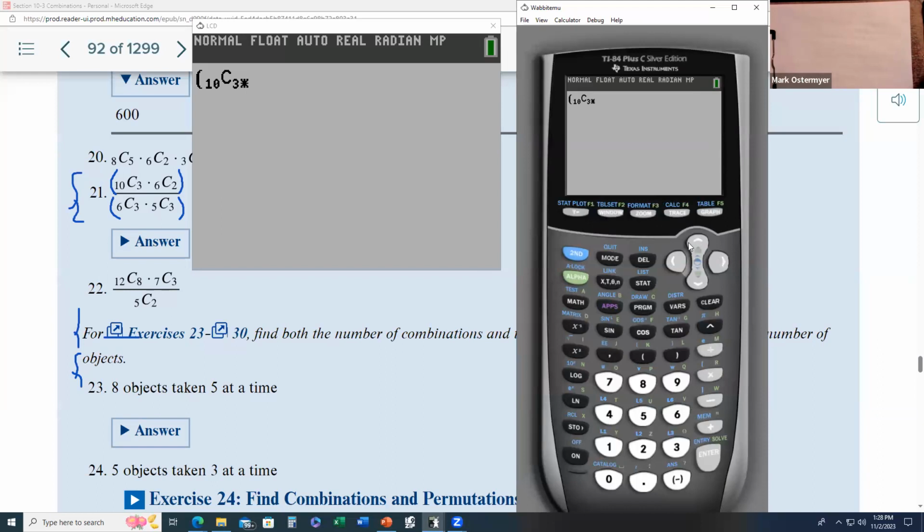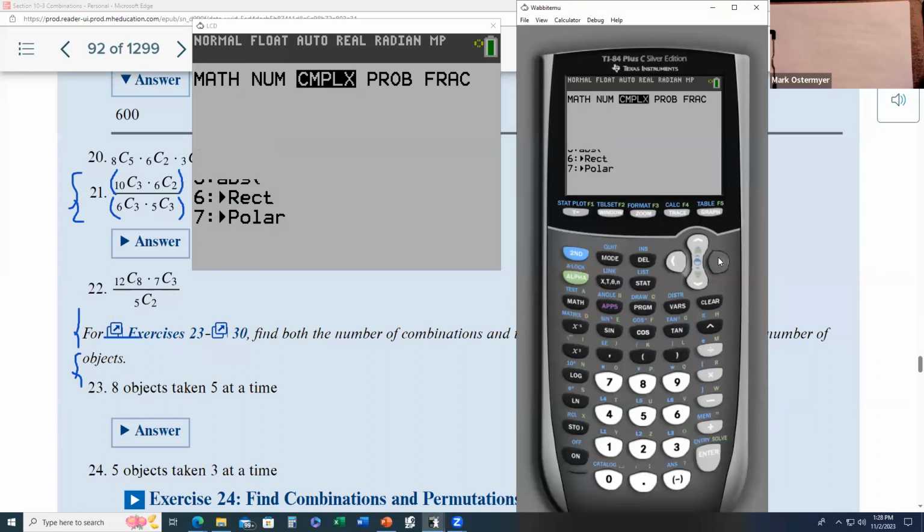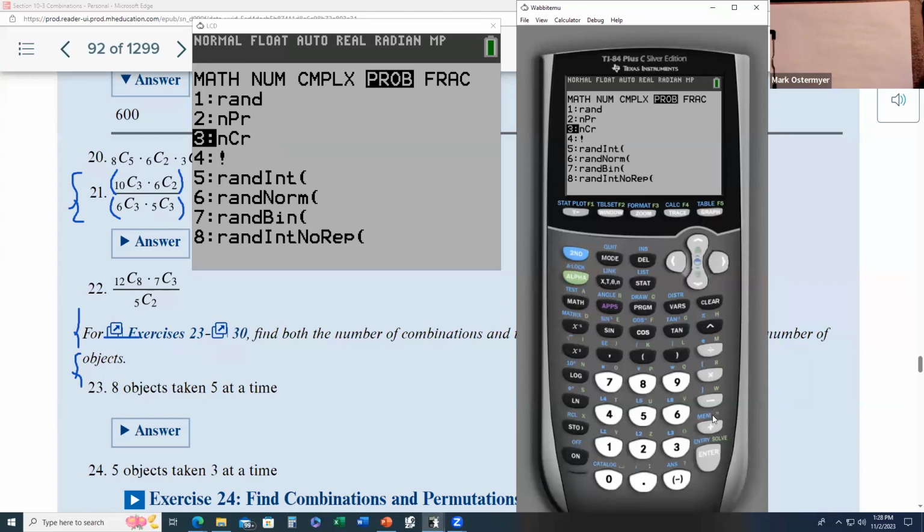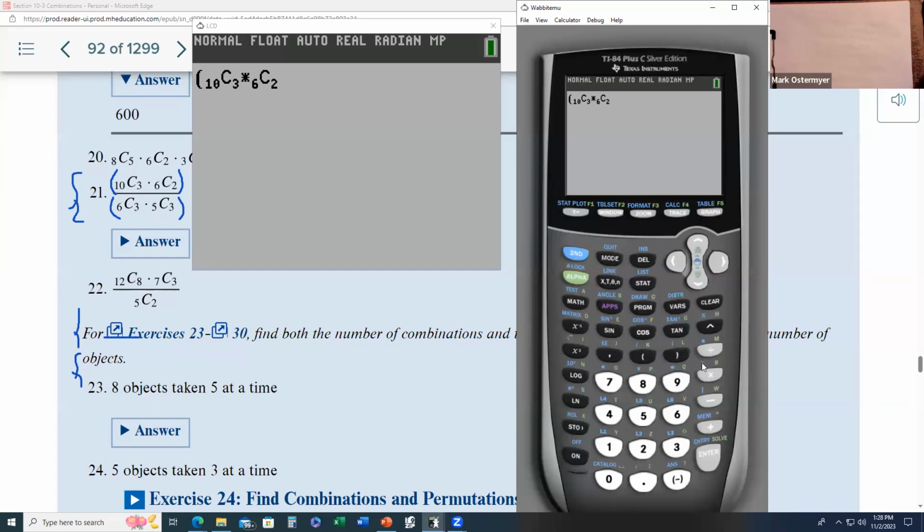Times, whoops, I forgot to bring my cursor back up to level. Now times 6 in combination with 2. Closed parenthesis divided by, now the denominator, open parenthesis, 6 in combination with 3.